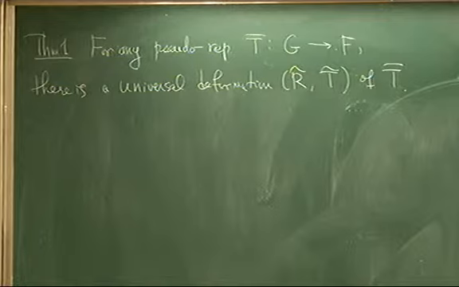The target of the pseudo representation is not a field; it can be any commutative ring. So the theorem is still true for any commutative ring. But how do you formulate it here? We have to have the local O algebra. If you replace F by A, the definition itself is not quite well defined.